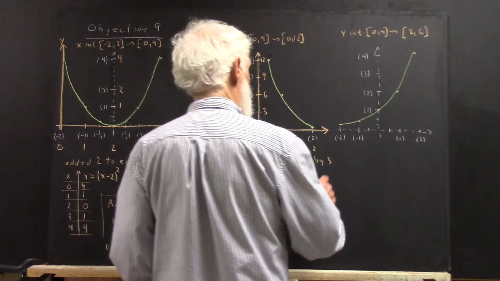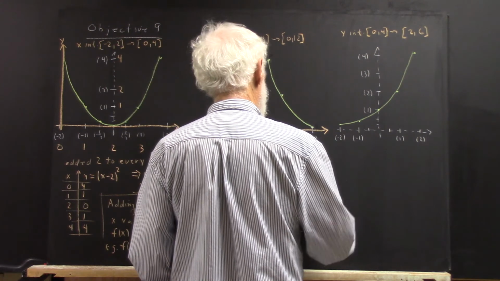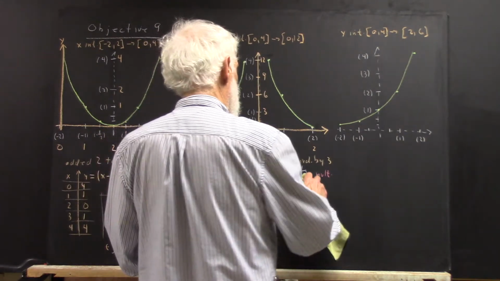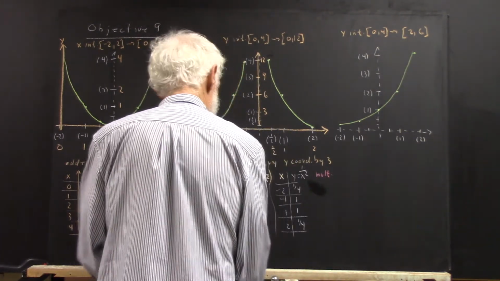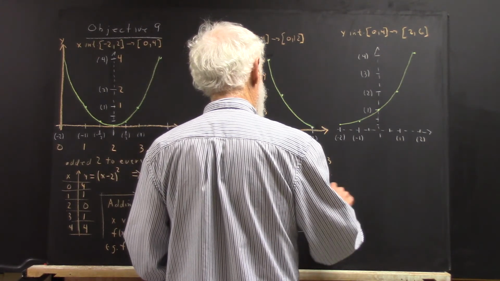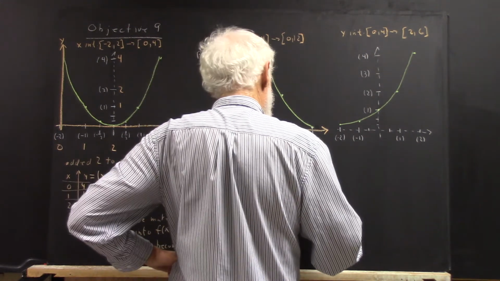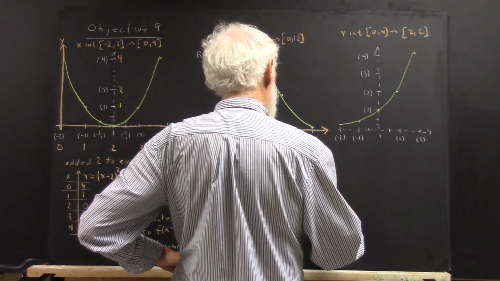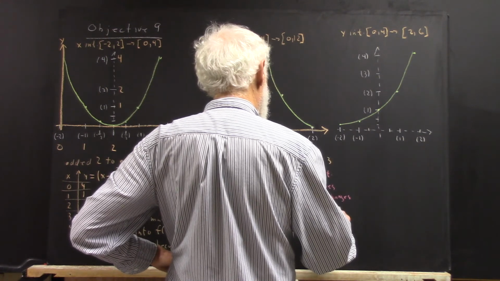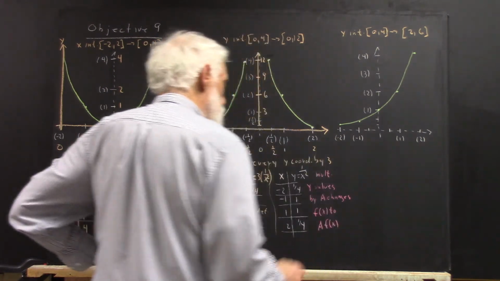So we could say that multiplying y values by a number that I'll call A changes the function f of x to the function a times f of x.